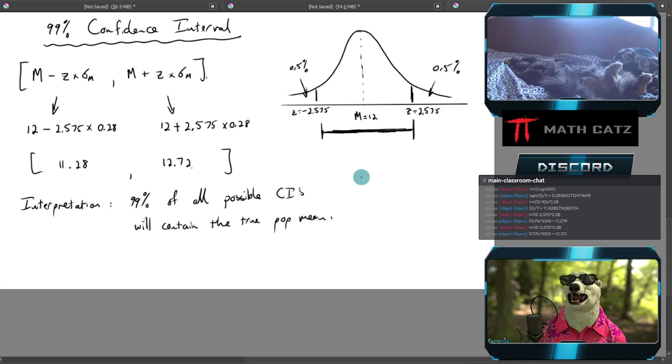We don't know exactly where it is, but within normal fluctuations, we're trying to get an interval where it should sit somewhere in there. It could be right next to 12.72. Could be right in the middle. We don't know for sure. The interval is sort of a way of hedging our bets that we can't say exactly what it is. We can just say it's somewhere in this range with a certain degree of confidence.